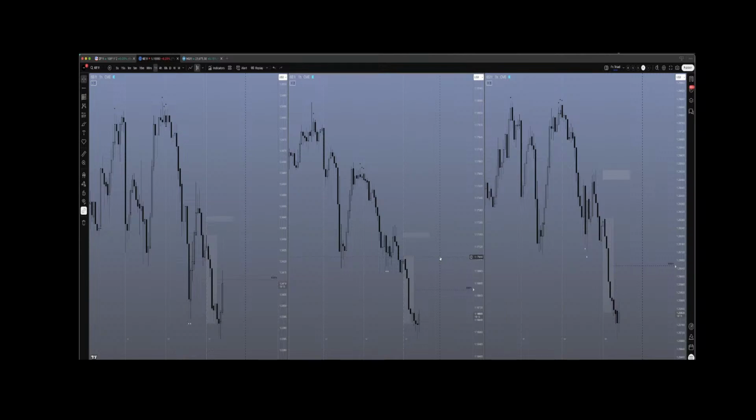If we open and start going down, we can anticipate a bullish bar, right? Especially if it goes down in the first quarter.